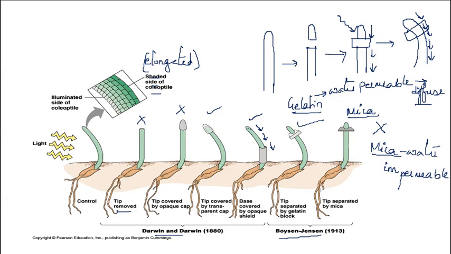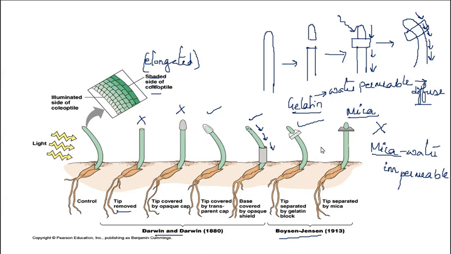The correct term for cutting the tip is decapitating the tip. Then they took the gelatin block and placed it in between the tip and the base, and then allowed the light to pass through.